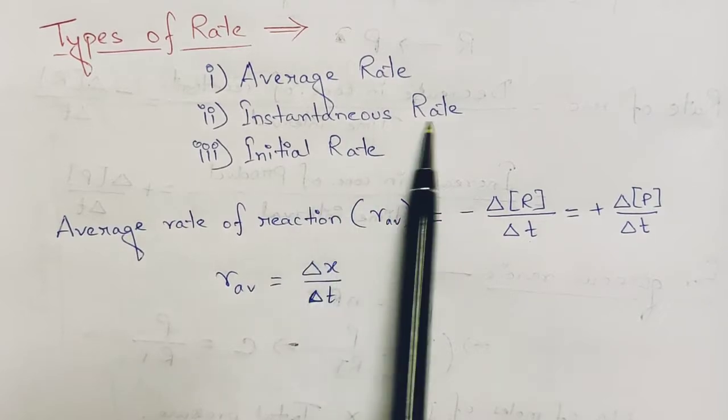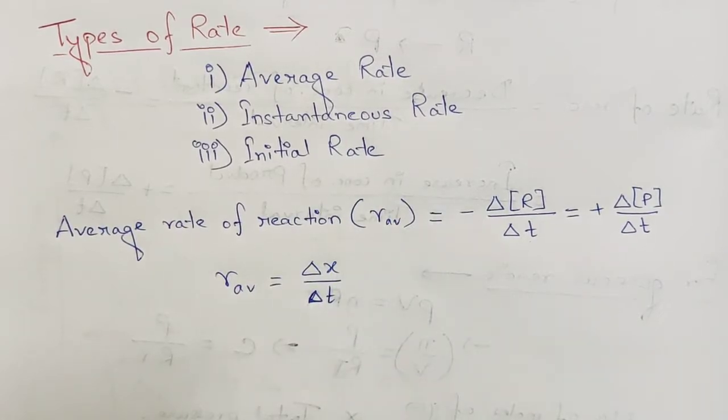Then what is the instantaneous rate? The instantaneous rate of reaction is the rate of reaction at any instant of time. It is the rate of change of concentration of any of the reactants or products at a particular instant of time.